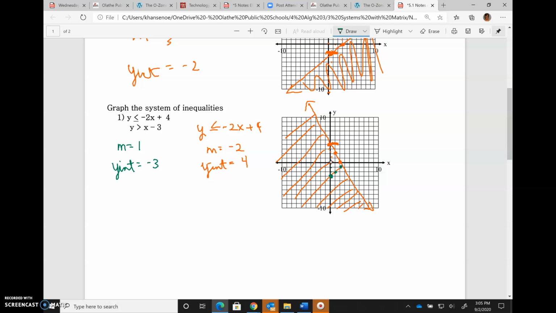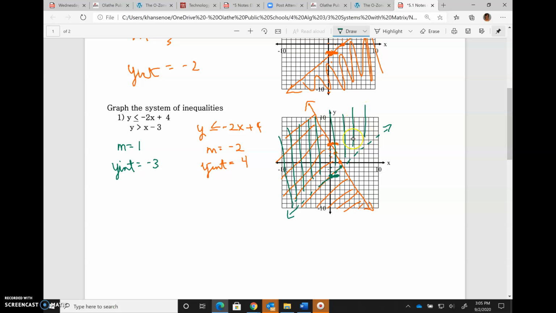Solid or dotted line? Yes, it's dotted because it's greater than. Since it's greater than, this is where I'm crossing the y-axis. So if I'm crossing the y-axis, where are all the y's greater than -3? They're going this way. So that means I would shade up.